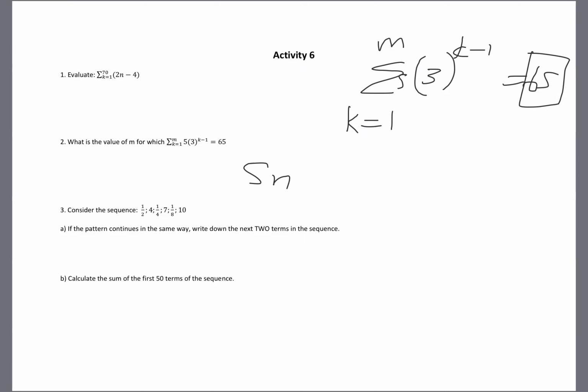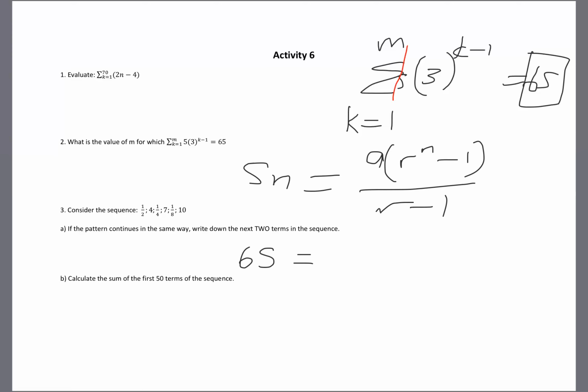Now I'm going to use my geometric sequence formula, which says that Sn is equal to a times r to the power of n minus 1, over r minus 1. Do you remember this? Yes. Ma'am, how did you come to realize that you are using that formula? I came to realize that we're using this formula because of this last part here.